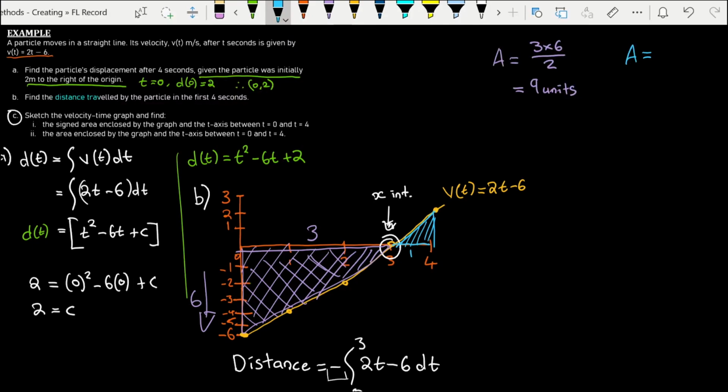It's got a base of 1 and a height of 2, so it's 1 times 2 over 2, which is going to give me 1 unit squared, and that should be the total distance. It should be 10. Since this is positive, I'm going to have plus the integral from 3 to 4 of 2t minus 6 dt. So when I evaluate this signed area, I know I should get 10 units squared.